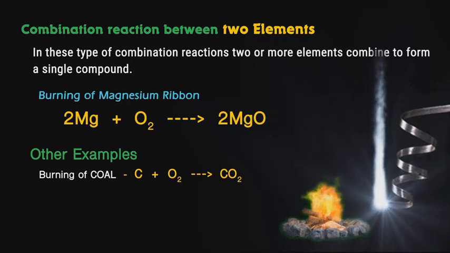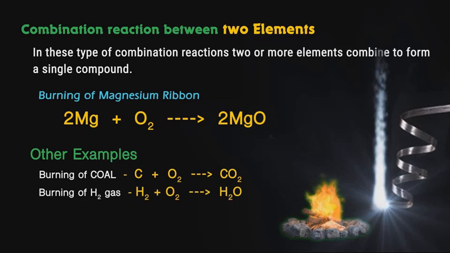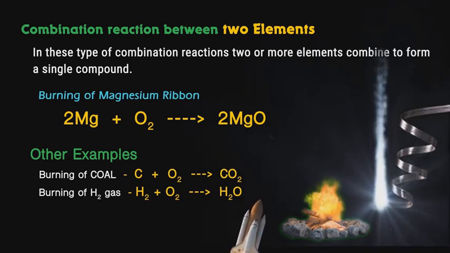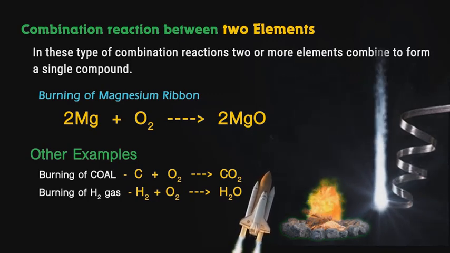So now one more example is the burning of hydrogen gas. You know, hydrogen is one of the neatest and cleanest fuels, used especially in rockets, and it can burn severely in the presence of oxygen.